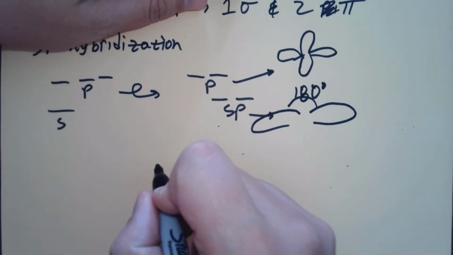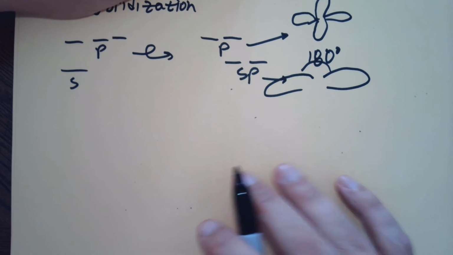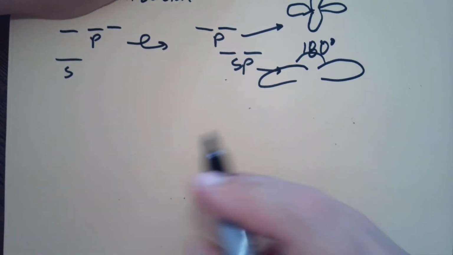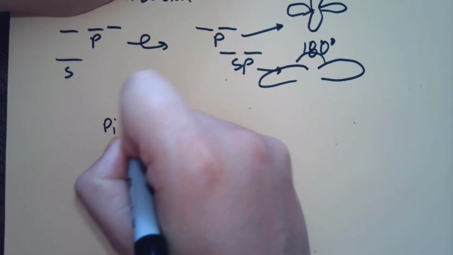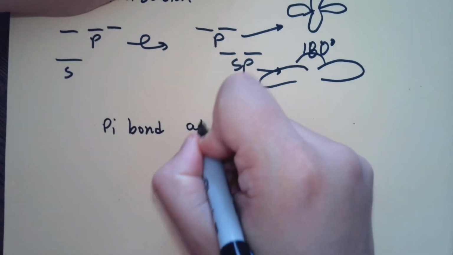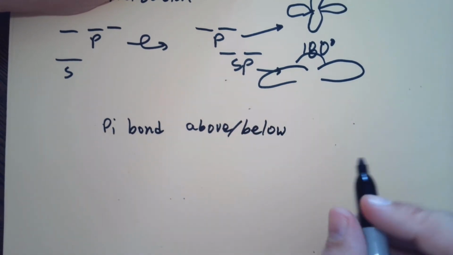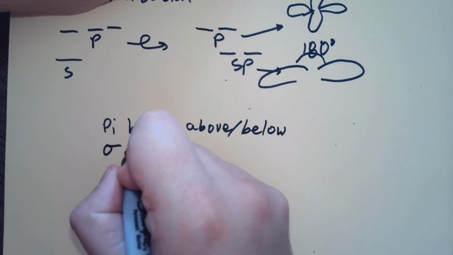I'm not even going to try to draw this. I'm just going to go straight with the images from the book, have you look at those. But what you're going to see is you have a pi bond that's above and below. In the middle you have a sigma bond.